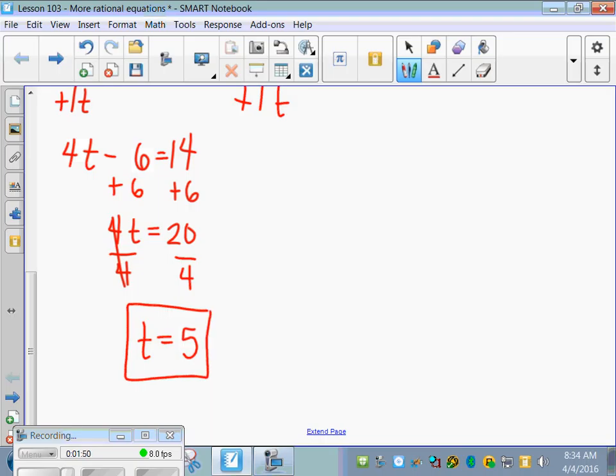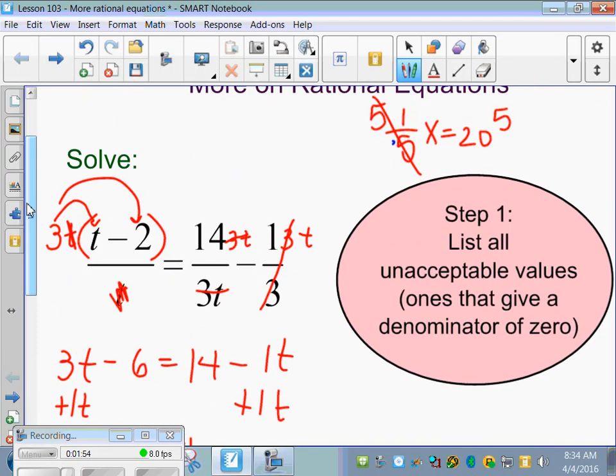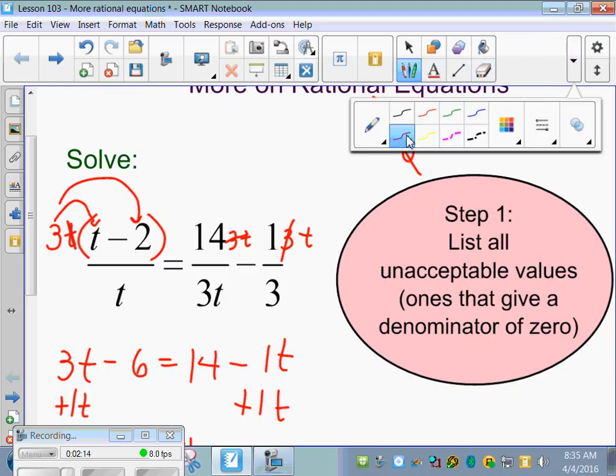All right, there's something else you have to remember to do on all these problems. So what does this bubble say? Step 2, sorry. Step 1, list all unacceptable values, ones that give a denominator of 0. So you can never, ever, ever have 0 in the denominator, right? So you want to look at your original equation here, and if there's a variable there, what would give you 0 is what you want to think about.